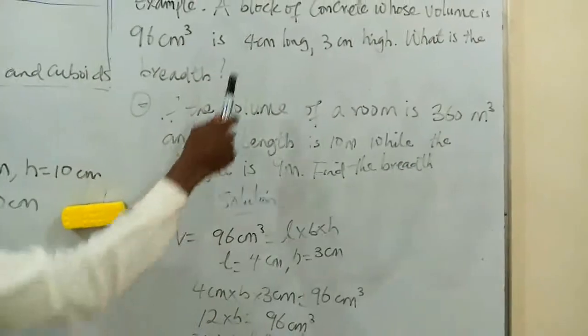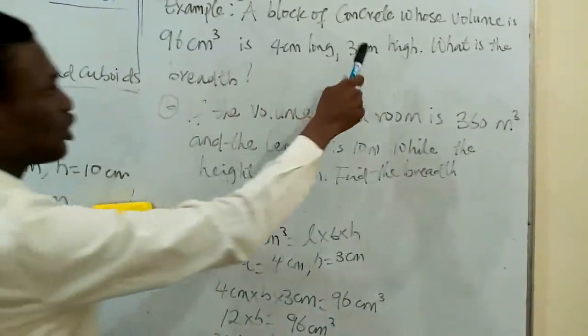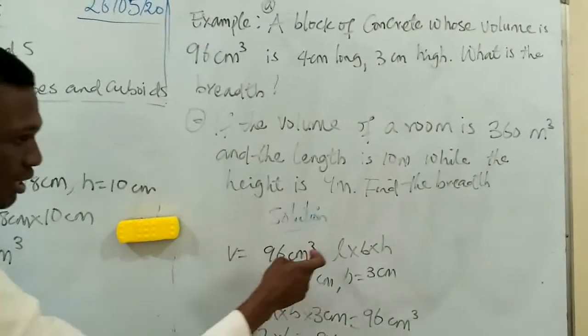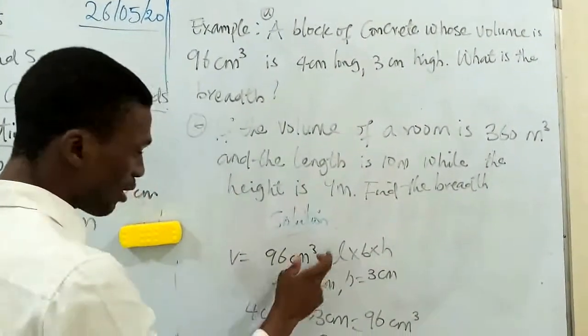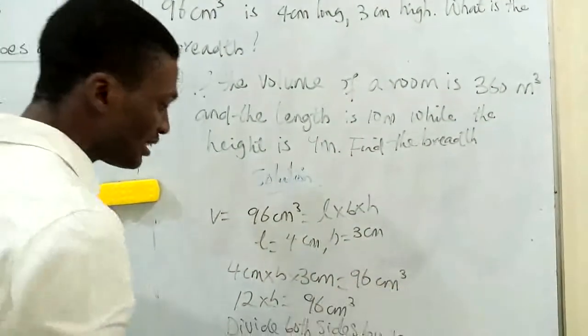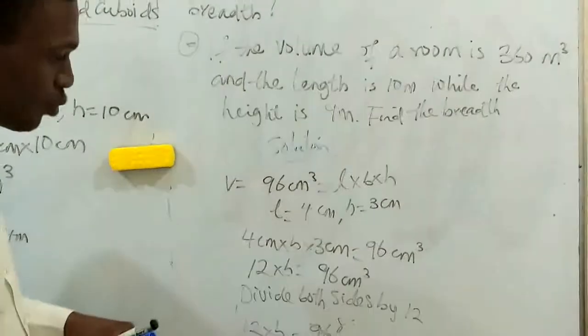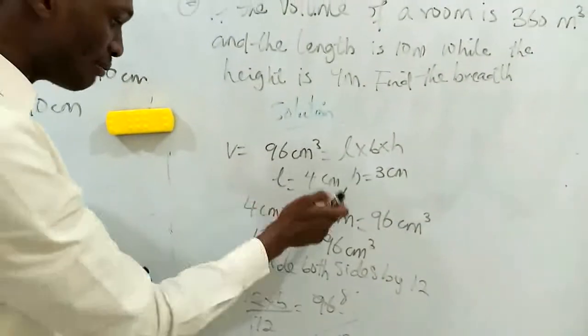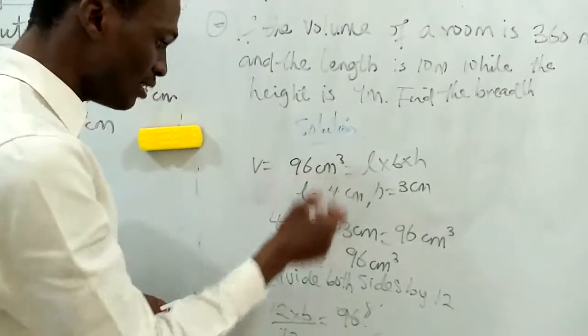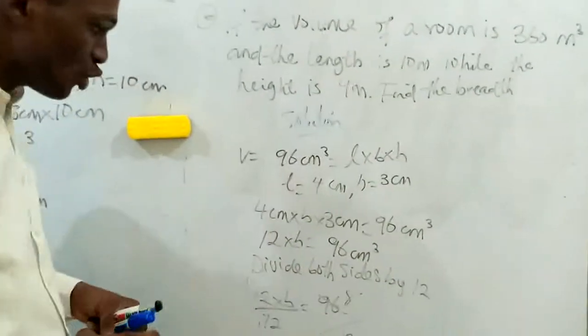We are given the length of 4 cm, the height of 3 cm, and we are to find the breadth. So we say length 4 cm times our breadth, which is unknown, times our height of 3 cm equal to 96 cm cube. At this point, we multiply the known ones. 4 times 3 gives us 12.